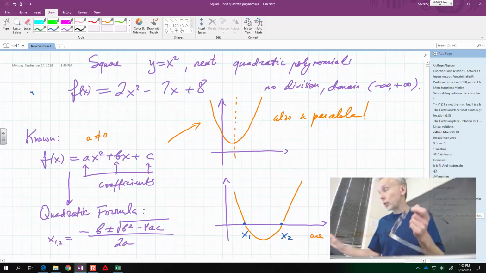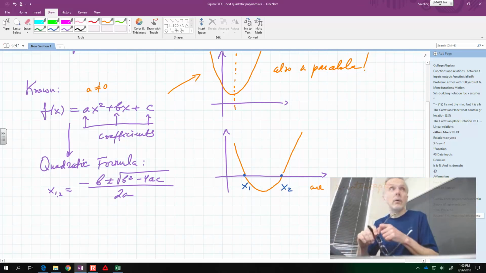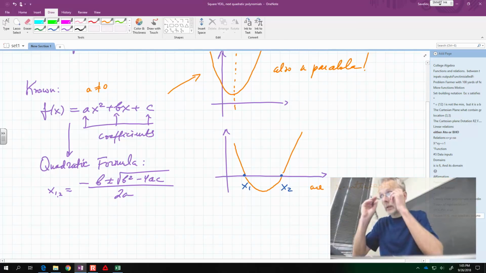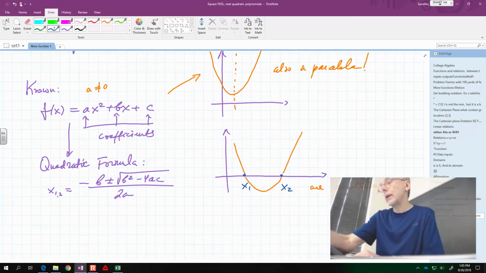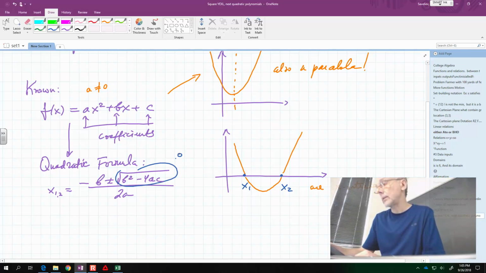So 2, but it doesn't have to be 2. Remember that you have 2 because you have plus or minus, but it only gives you 2 when whatever follows plus or minus is not 0. When this expression over here is equal to 0, then you have only 1.